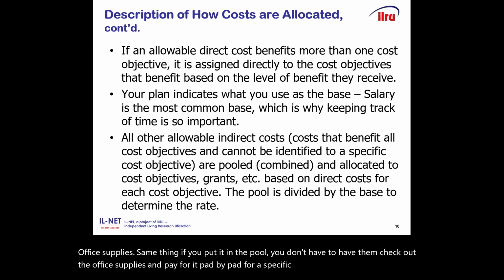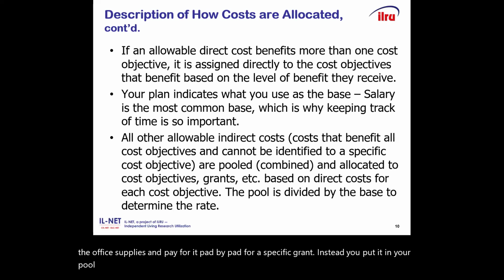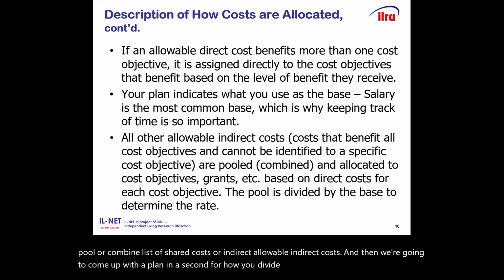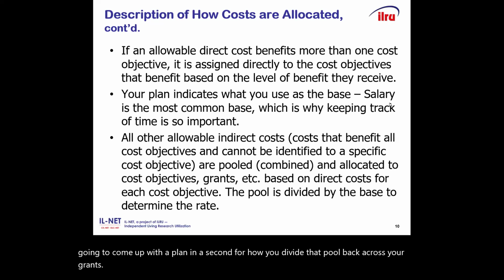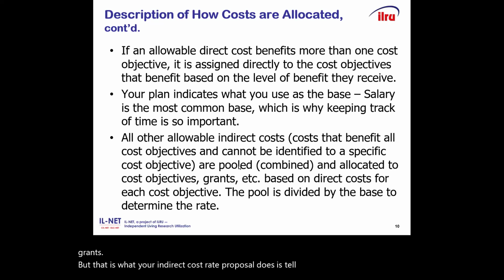Instead, you put it in your pool, or combined list of shared costs, or allowable indirect costs. And then we're going to come up with a plan in a second for how you divide that pool back across your grants. But that is what your indirect cost rate proposal does: it tells you how you're going to do that. So hopefully that helps a little bit.